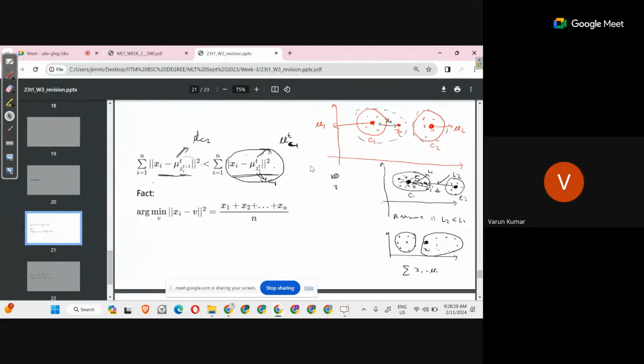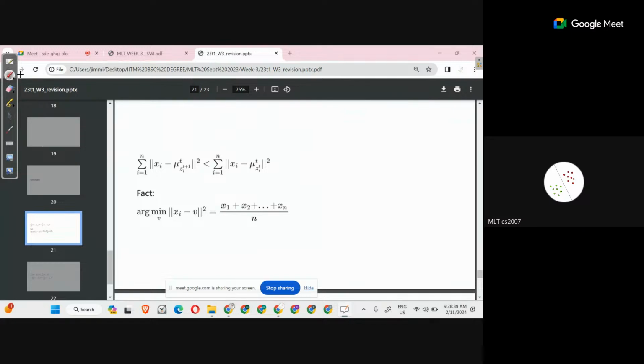So the left side is essentially without recalculating the mean; it is only checking. We are talking about a point xi which is not happy with its older or current cluster center, so it wants to move to some other cluster because the distance from that cluster center is lesser.